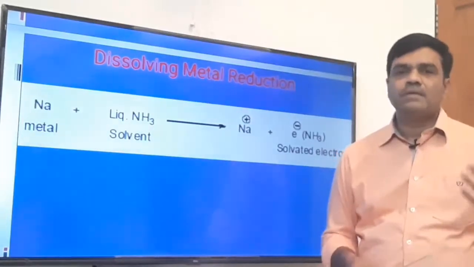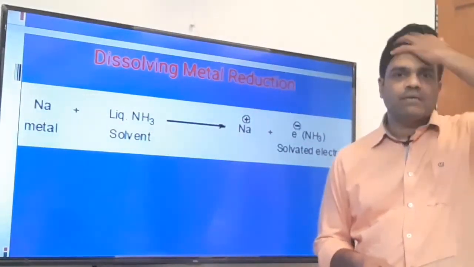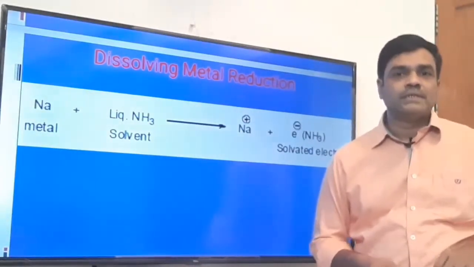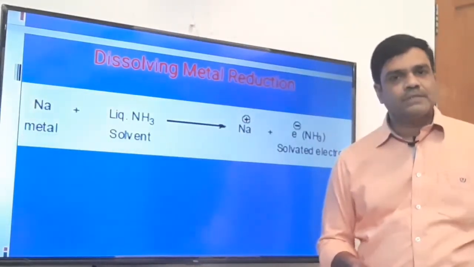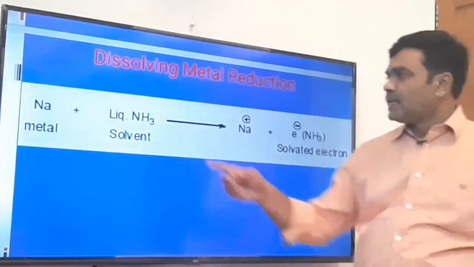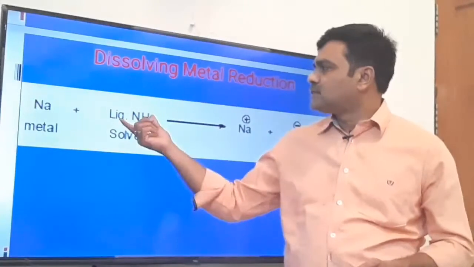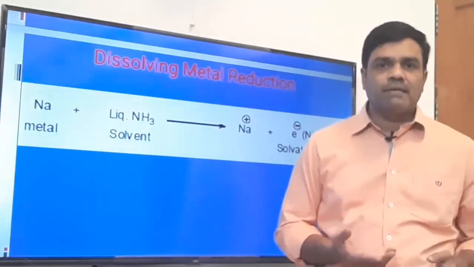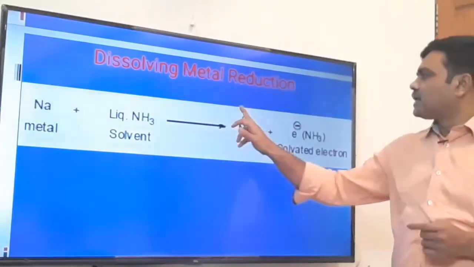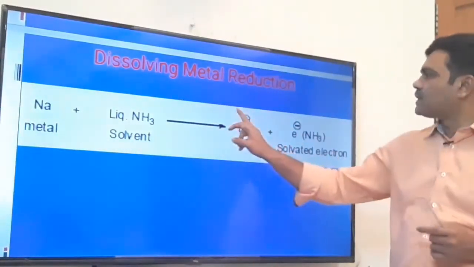Why does it happen? Because after donation of that last electron from the last orbit, the electronic configuration is now 2,8, which is stable because the octet is complete. Now when that electron is donated by the sodium, the liquid ammonia accepts that electron, and a bridge complex is formed, which is called a solvated complex.